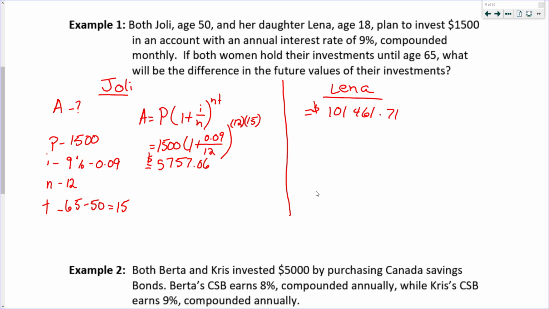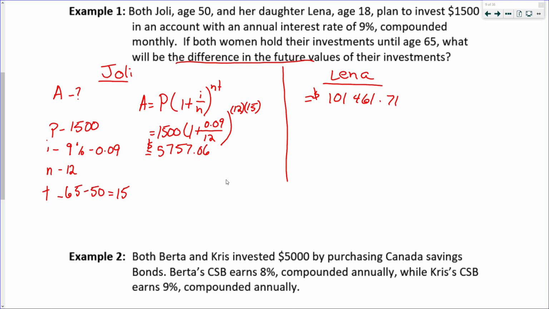And now the final part of this question is, what is the difference in their future values? So Lena gained this 101,000 and Jolie gained 5,757. So I'm just going to subtract that because difference means subtract.